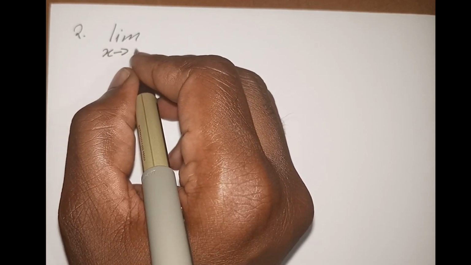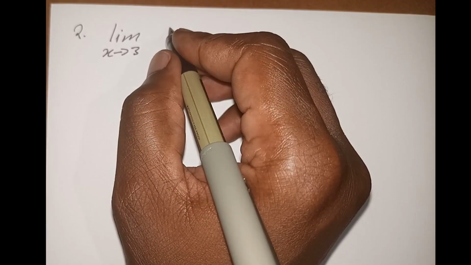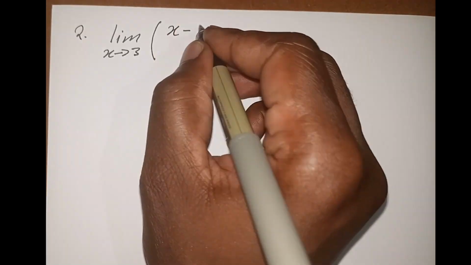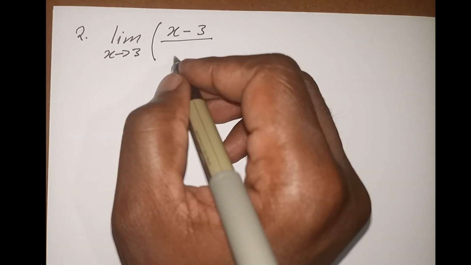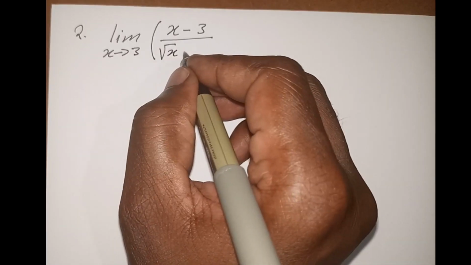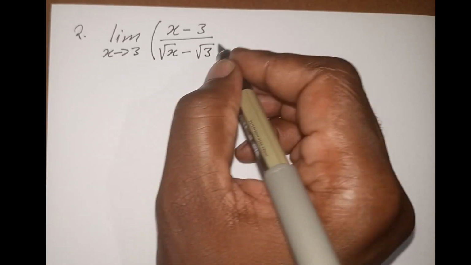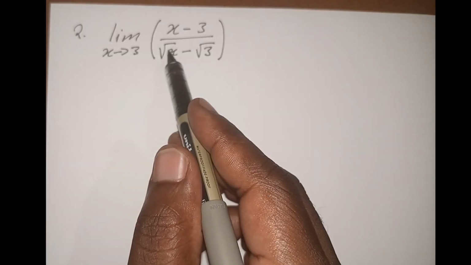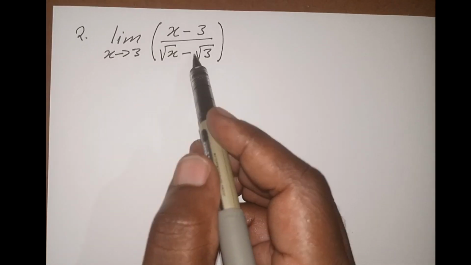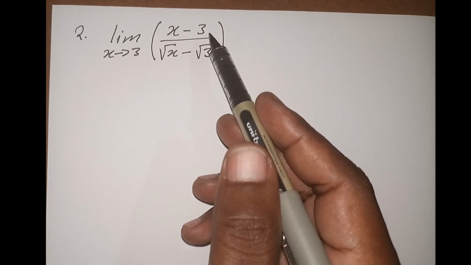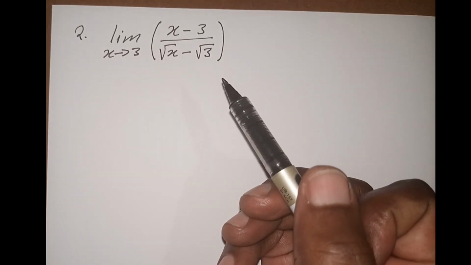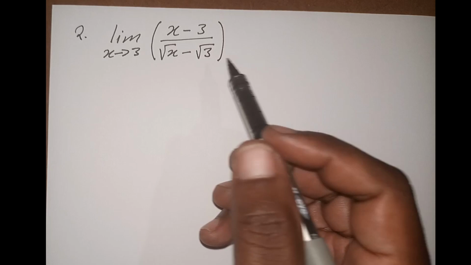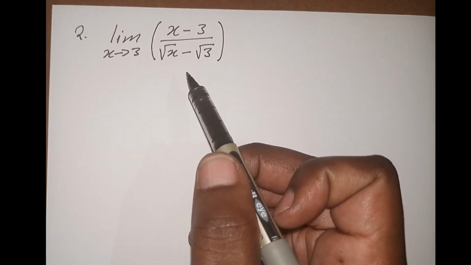The limit as x approaches 3 of x minus 3 over square root of x minus square root of 3. Find the limit. Obviously, when I put a 3 here, I'm going to get root 3 minus root 3, which is 0. 0 over 0 is indeterminate. So what do you do? You factorize and see if you can simplify something.